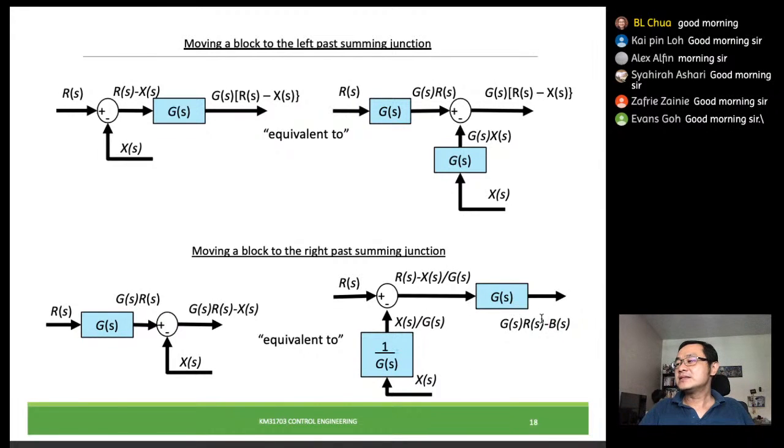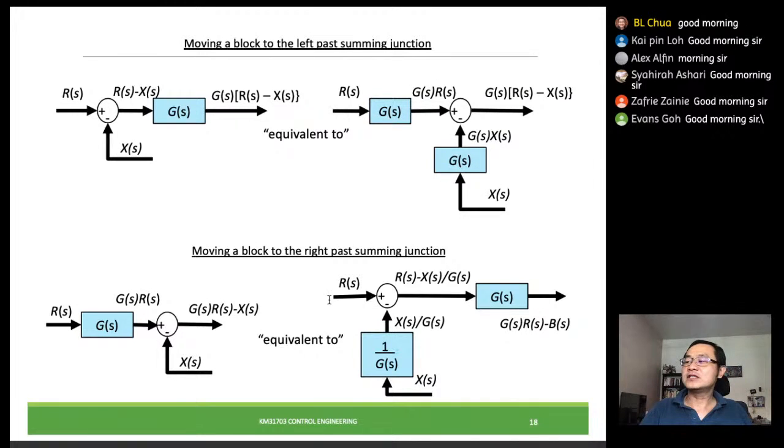So in order to maintain this, by moving the g transfer function over here, we would have to add 1 over g to the other line.